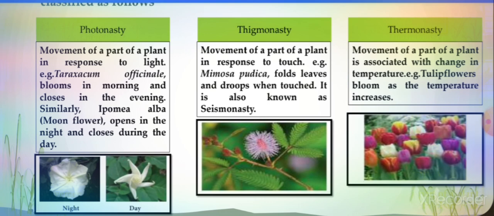And what is the principle behind this photonasty? For example, in this flower, what happens at the dawn? At the dawn means morning, early morning. At the dawn, slowly, gradually, the temperature increases.